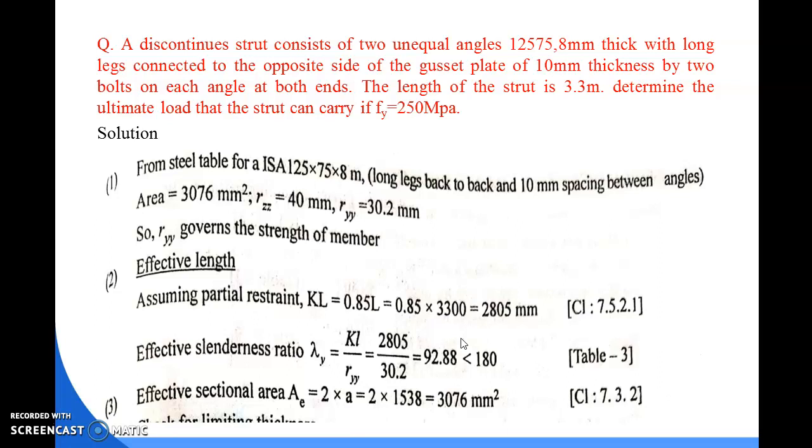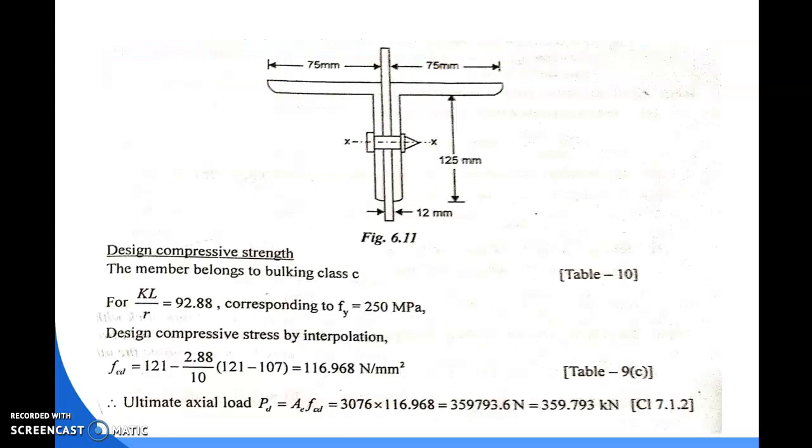So first of all, for 90, one FCD value is there for the 250 yield strength, and for 100, another FCD value is there. So with the help of the interpolation method, we can find out the FCD value as 116.968 Newton per mm square.